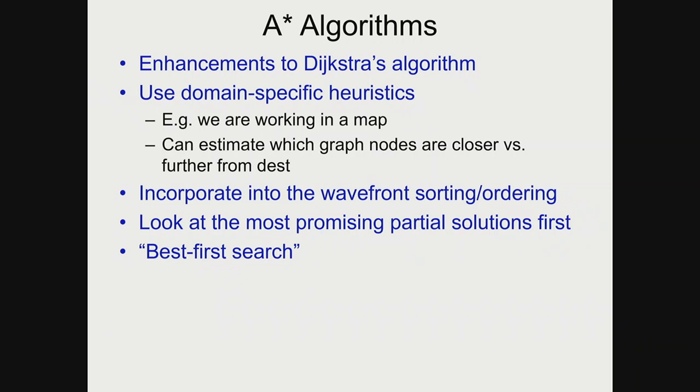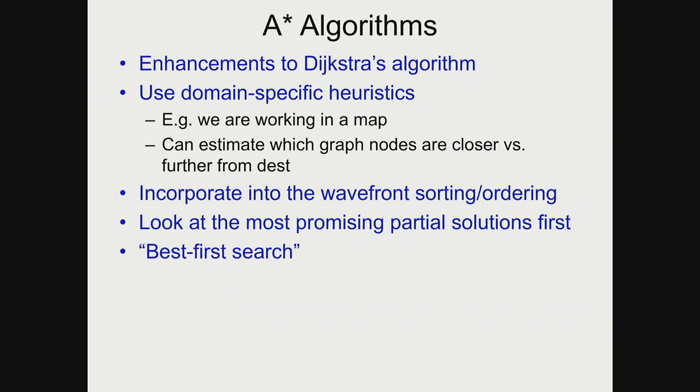The way A-star algorithms work is they incorporate this information about am I getting closer or further from my destination into the wavefront ordering. Okay, so they use it as part of their sorting of which of these nodes in my graph are more promising than others.